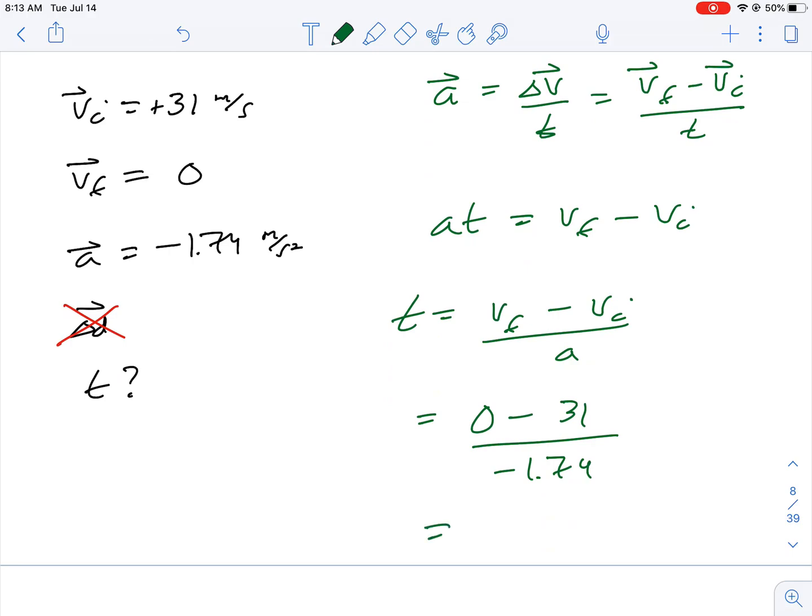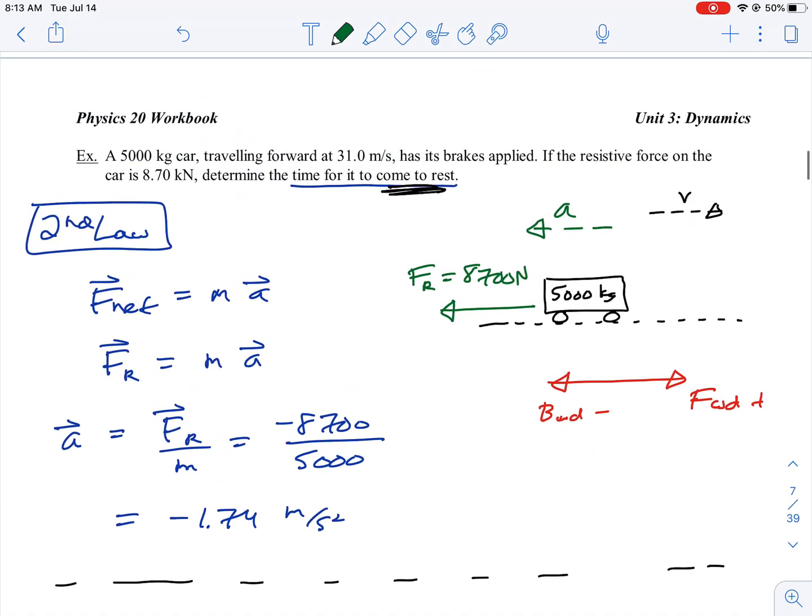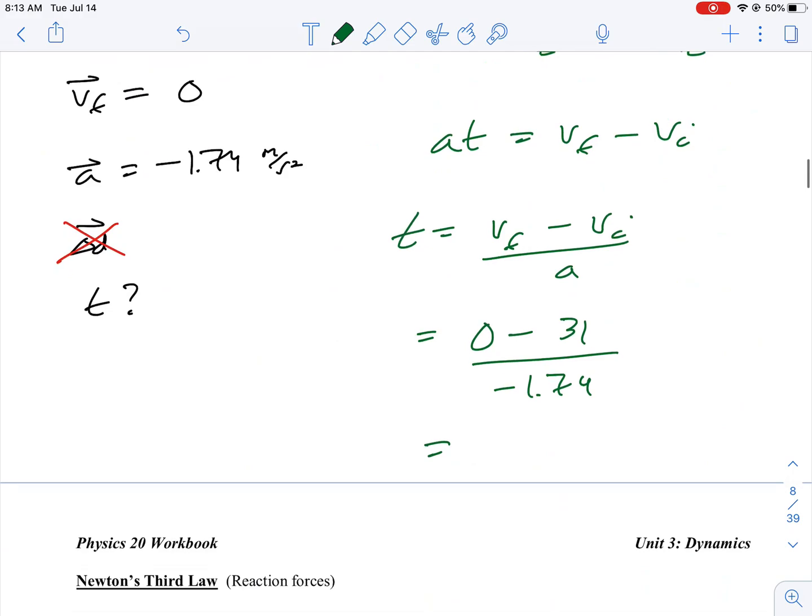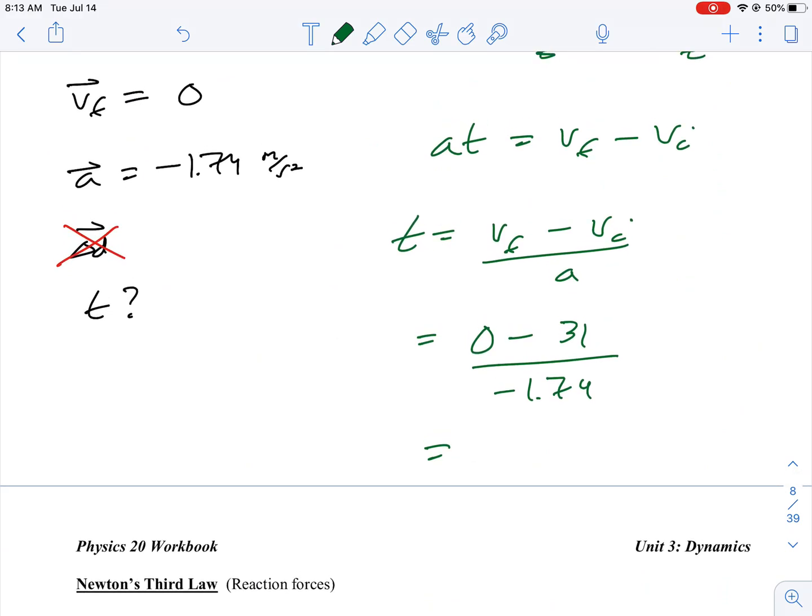Just enough space to finish that. Sig digs looks like 3. So I get about 17.8 seconds.